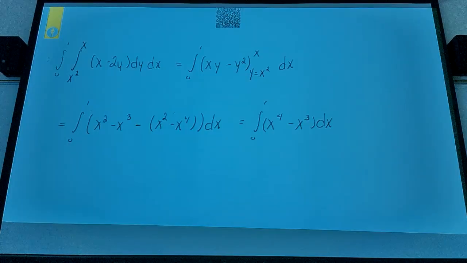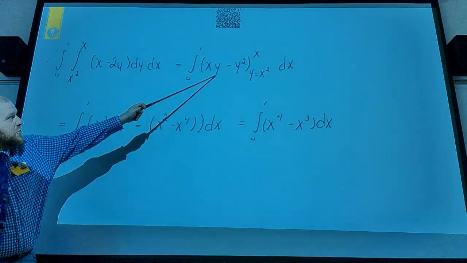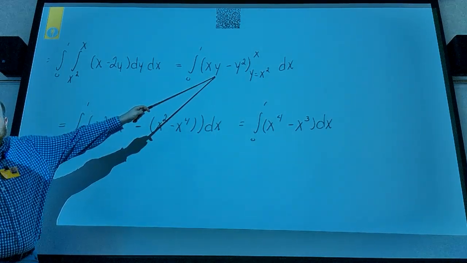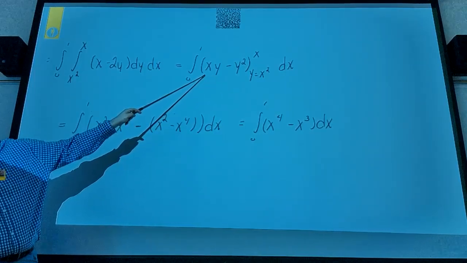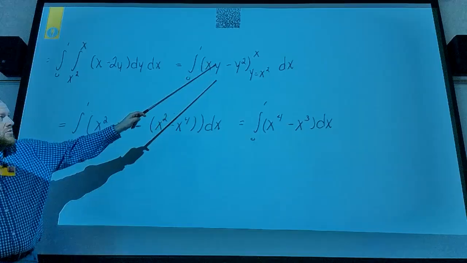That goes from x squared to x. That's x minus x squared, isn't it? Oh yeah. And then distribute your x though. Okay. This is just y squared. x squared minus x squared squared. That's where you get the x squared minus x to the fourth, right?